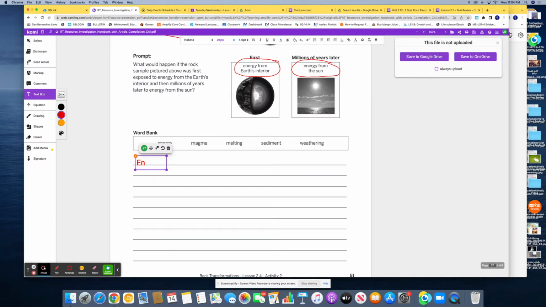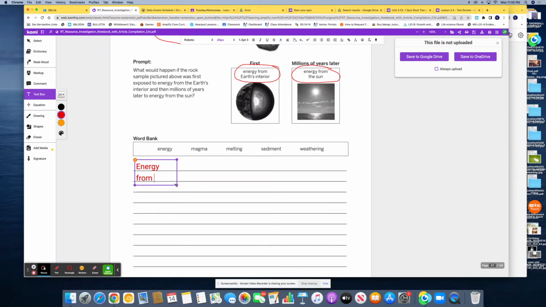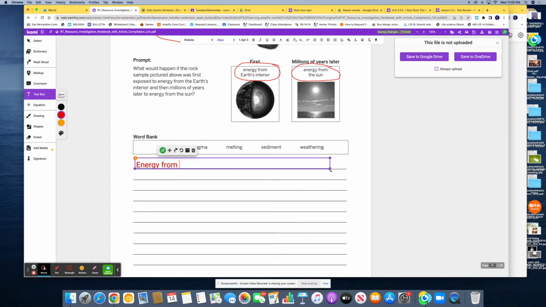Energy from Earth's interior would cause melting of the rock and turn it into magma.